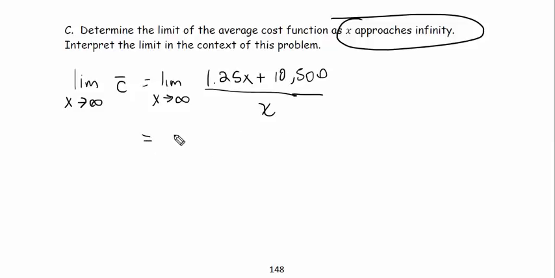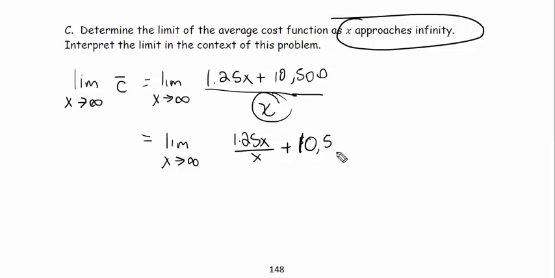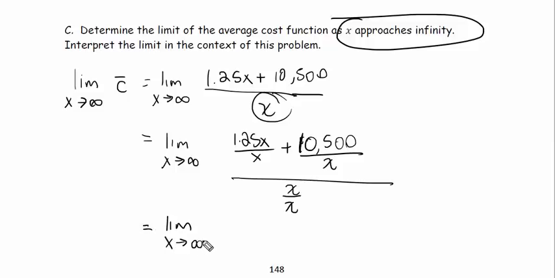If you recall how I did this, I divided every term by the highest power of x in the denominator, and any term that still had an x in the denominator after simplifying would go to 0. So 1.25 plus 10,500 over x, over 1. This goes to 0 because it still has an x in the denominator.